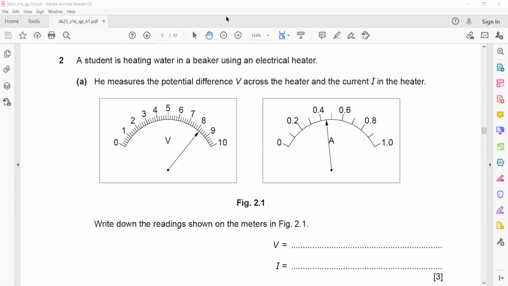Question 2. A student is heating water in a beaker using an electrical heater. He measured the potential difference V across the heater and the current. Write down the reading on the meters. What is the reading on the voltmeter? 8.1 or 8.2?